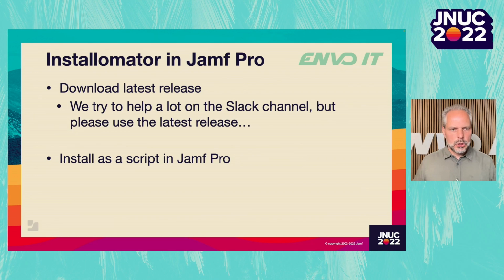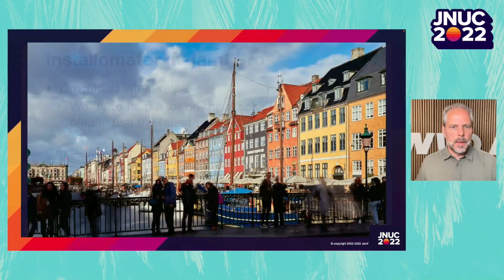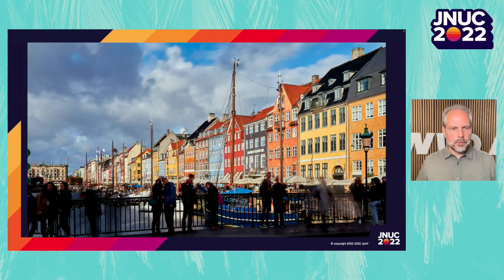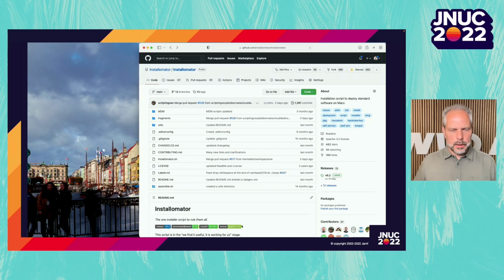So what I will be showing you first is to download the latest release of Installomator, and then we will install it into Jamf Pro. I will be starting out here with a picture of Copenhagen and the new harbor area, Nyhavn, and we will go on here.